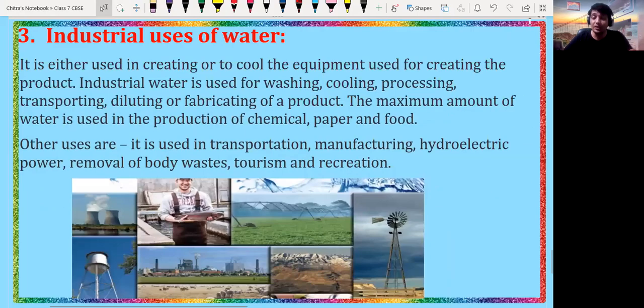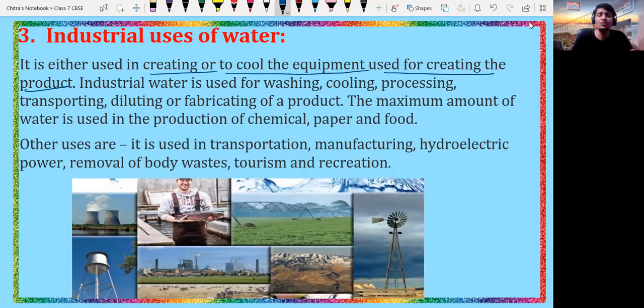Last but not the least, the industrial use of water. It is used either in creating or to cool the equipment used for creating products.